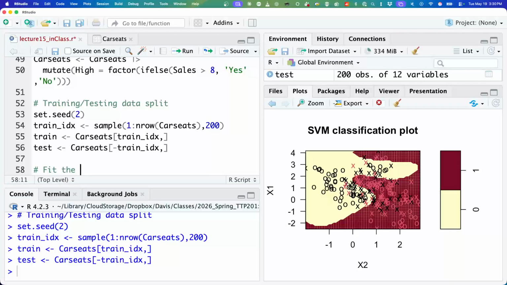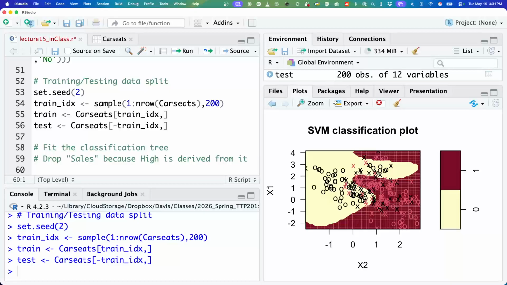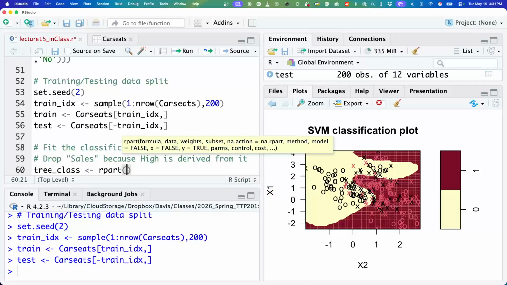And so now we want to fit the classification tree. We do want to drop the variable sales because high is derived from it. So we'll do tree class, and we're going to use the function called rPart.